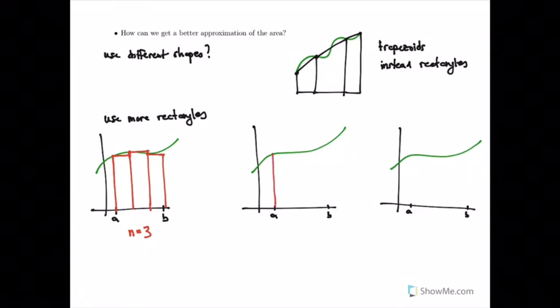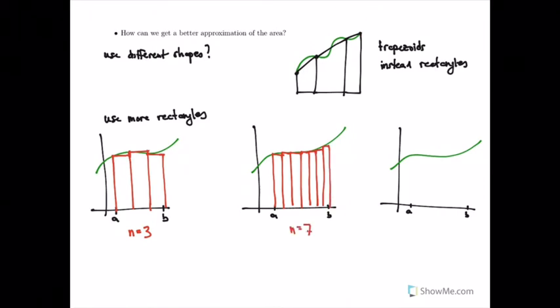If I use instead more rectangles here, so here I used n equals 7, the gaps in between the rectangles and the function are harder to see, and 3 and 7 are both very, very small values.